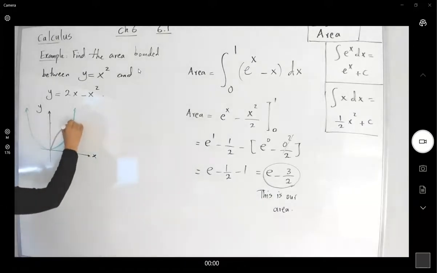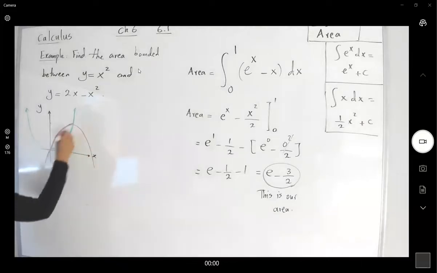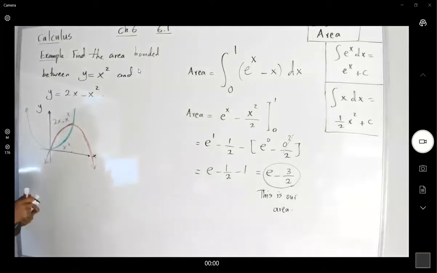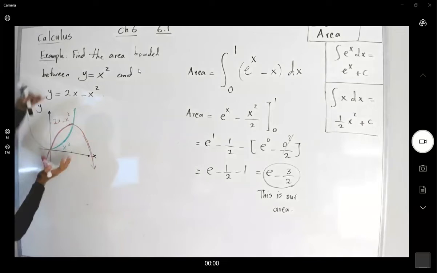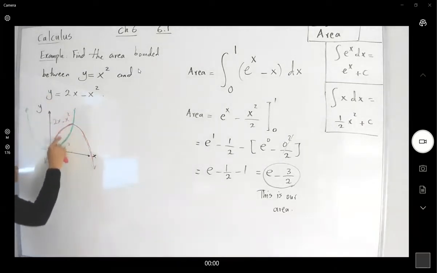If I continue the rest of the graph, it's going to be like this way. So this guy is 2x minus x squared. So the area bounded, sandwiched between these two parabolas, is going to be this little area here.